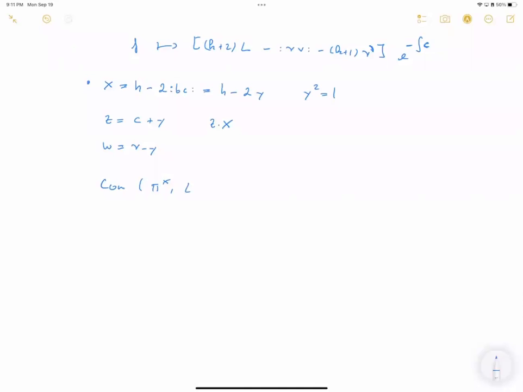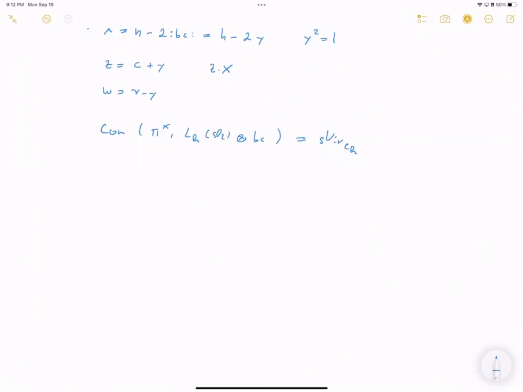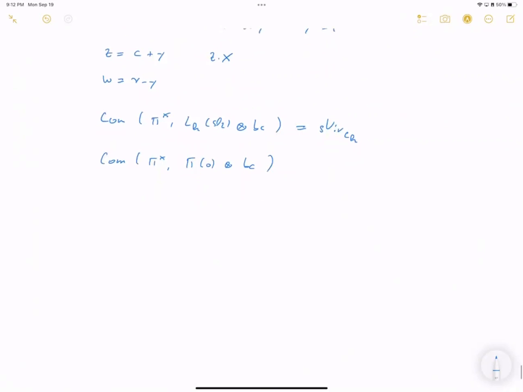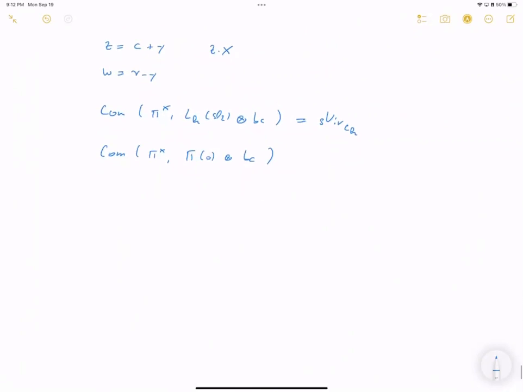So now I know that the coset of the Heisenberg algebra generated by X inside this bigger algebra is the super Virasoro algebra, and now I want to embed my super Virasoro algebra in something larger. And this something larger is of course pi naught times Virasoro times these two fermions.